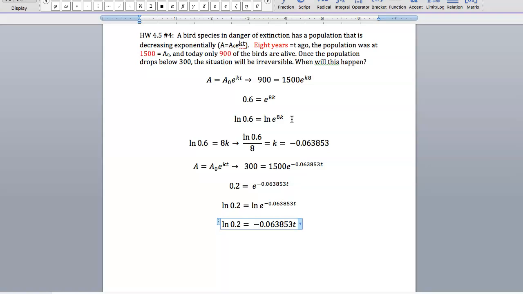I'm going to divide both sides by that value of k, and that'll give me a value for t, which you would do on your calculator, and again, I did this before, so it's about 25.1. We're measuring time in years. This says we have about 25 years to figure out what we're going to do for this population of birds so that it doesn't go extinct.